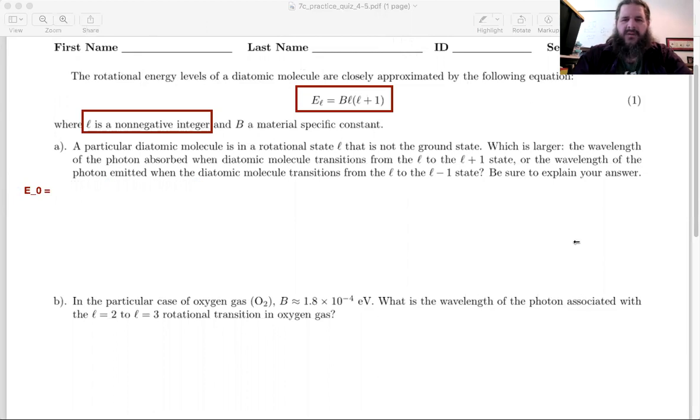So 0 is one possible energy value. It is possible for the molecule to have 0 rotational energy. Or if we plug in 1, what do you get if you plug in 1 for L? Yeah, 2B.